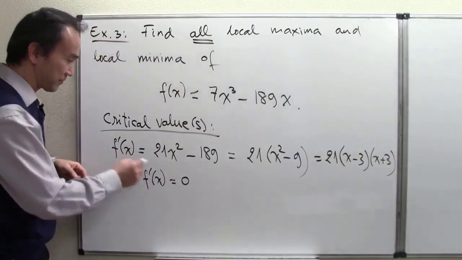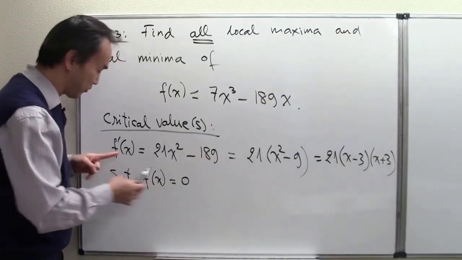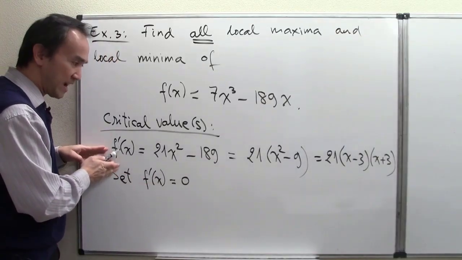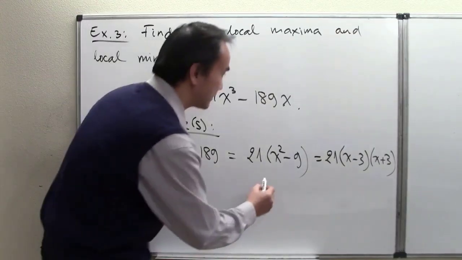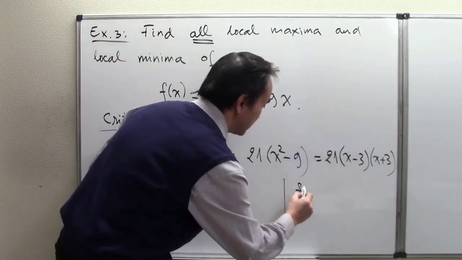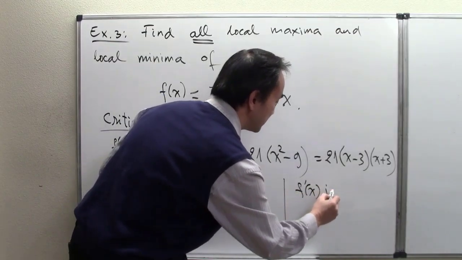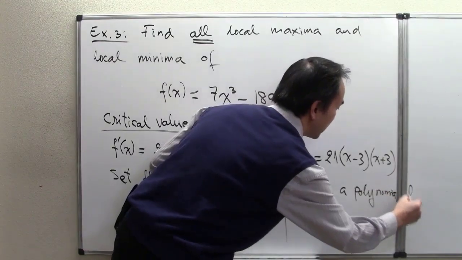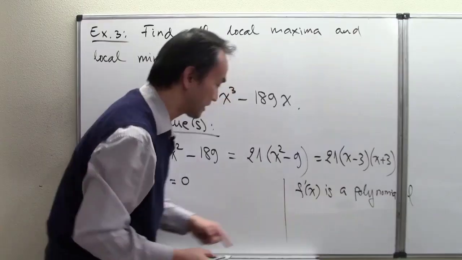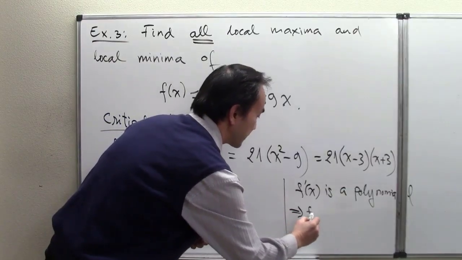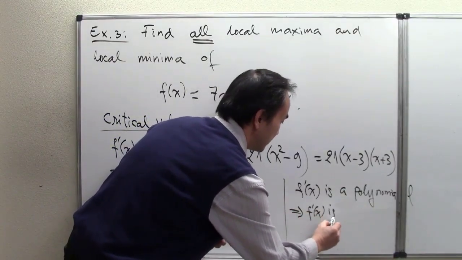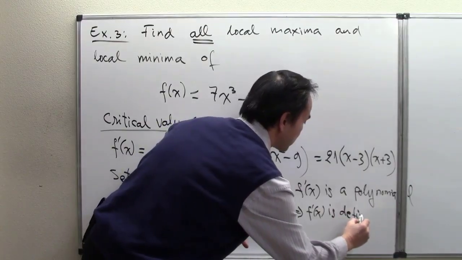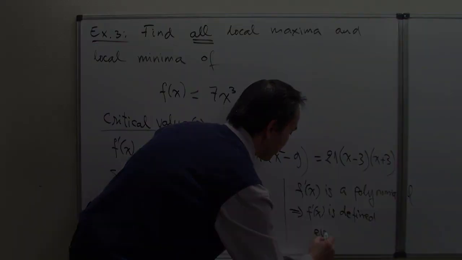And so I made that argument in the earlier examples: the derivative we have here, f prime of x, is a polynomial. Being a polynomial, what's important is that f prime is defined everywhere.